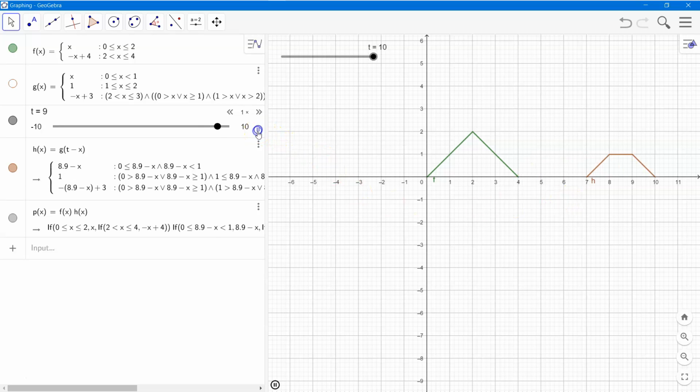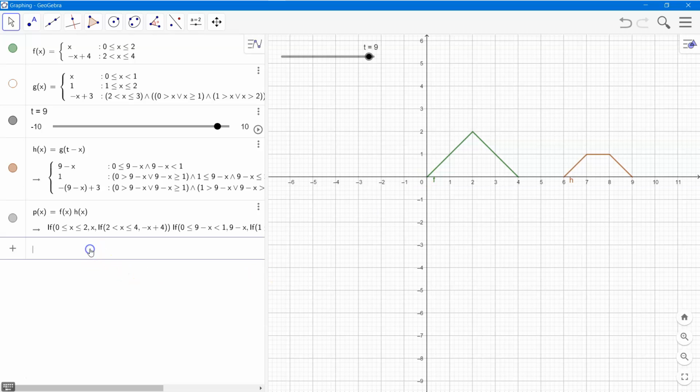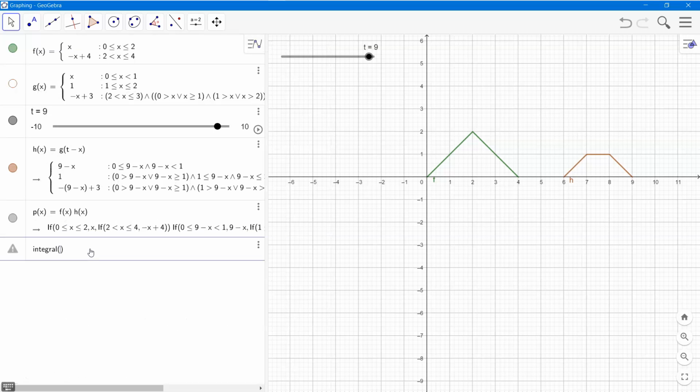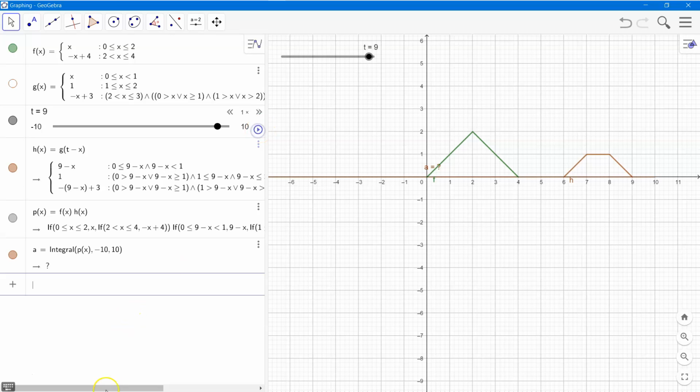So now what we are interested in is the third curve that comes up when these two overlap. We want the area under that curve. So which means what? Integral of p of x, say from minus 10 to 10, right? And now let's see what happens.